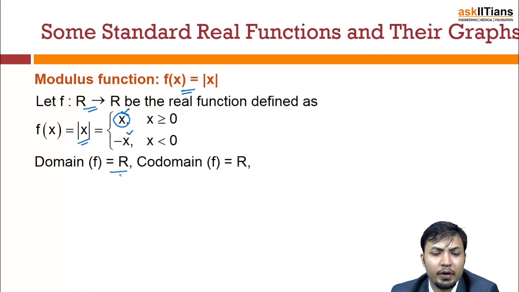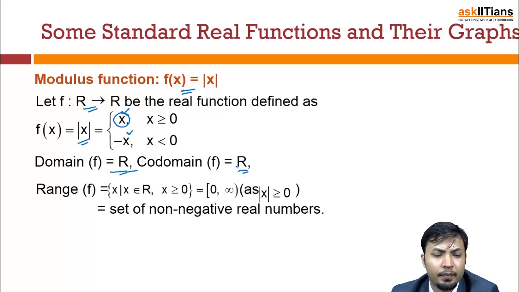Now over here the domain and codomain are the same. The range, this will now be the interesting part. This is the first time you have a little complexity. You see in the range, it will be for an x where my x belongs in R, for all the x greater than or equal to 0, so it will be from 0 to infinity, as mod x is greater than or equal to 0.